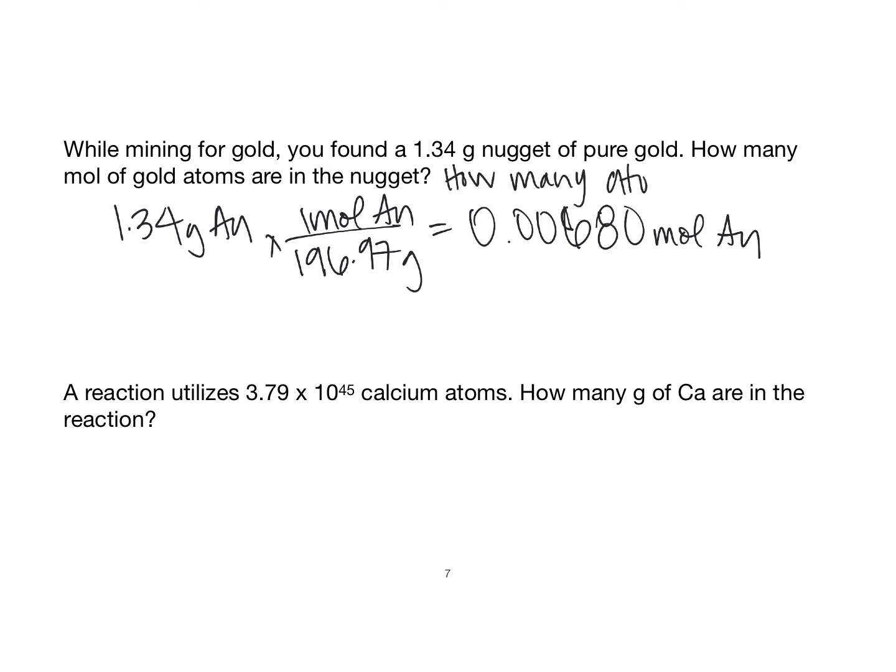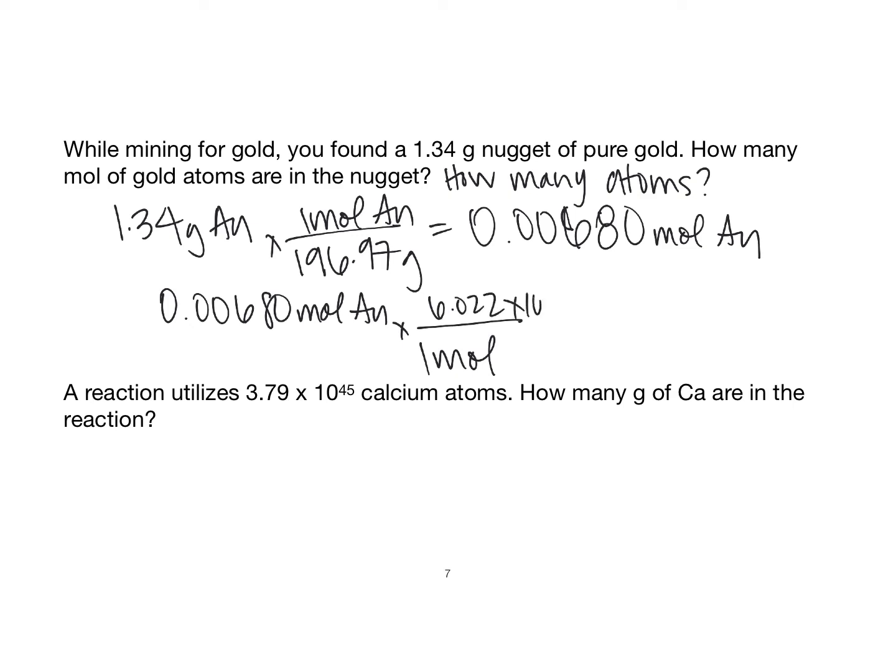So in addition to the moles, we also want to know how many atoms. Because we know that 1 mole contains 6.022 times 10 to the 23rd, we can take this moles of gold and convert that into atoms. So we're going to take our 0.00680 moles of gold, and 1 mole is equal to 6.022 times 10 to the 23rd atoms.